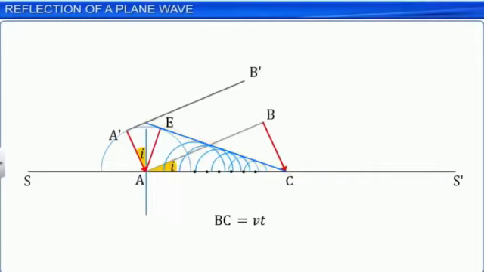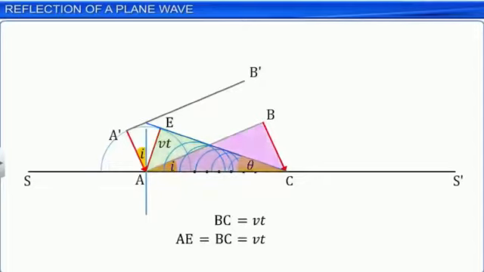AE is the radius of the hemispherical wavefront generated at the point A and is equal to vt. That means AE is equal to BC is equal to vt. The angle that the reflected wavefront CE makes with the reflecting surface S dash is the angle of reflection. It is represented as theta.